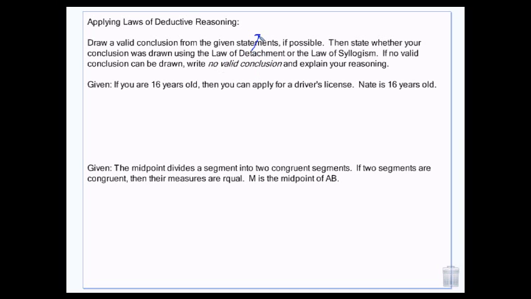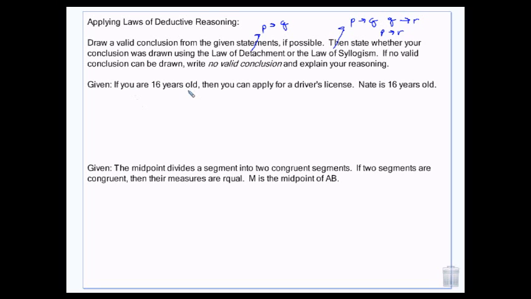So this is just P to Q, and this is P to Q, Q to R, and that gives me P to R. Okay. So if no valid conclusions can be drawn, we're going to say no valid conclusion, and then you say why.